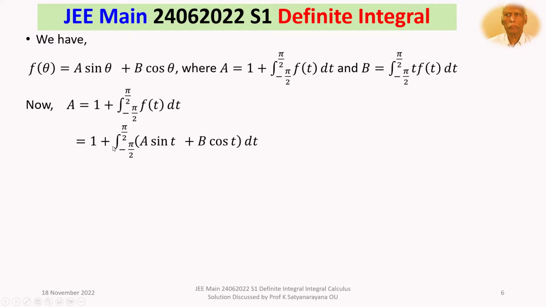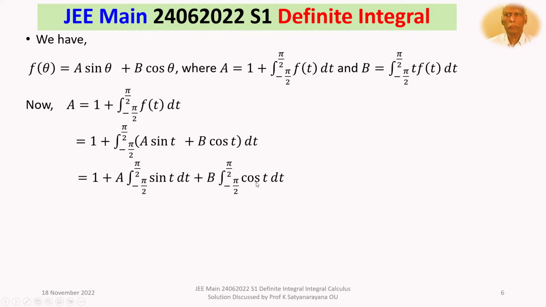Now the integral of the sum is equal to the sum of their integrals, and a is a constant as we have already talked about, and that will be 1 plus a into integral minus pi by 2 to plus pi by 2 sine t dt plus b, because it's a constant, integral minus pi by 2 to plus pi by 2 cos t dt. Now, sine t is an odd function. Therefore, there is no contribution. It will be 0.